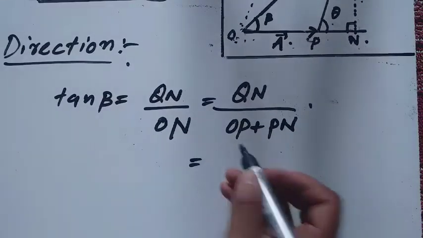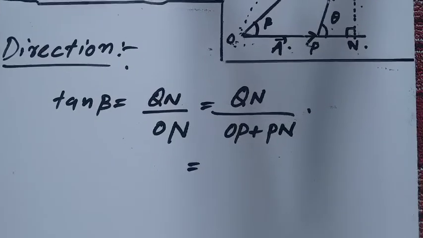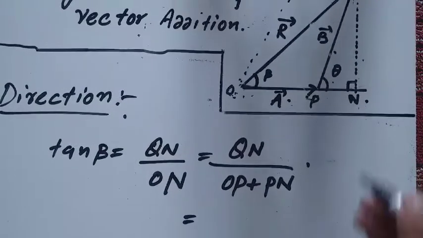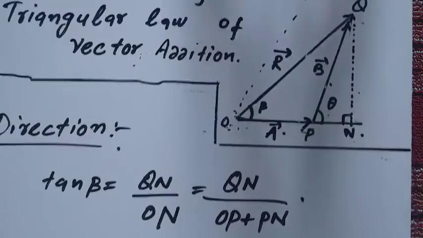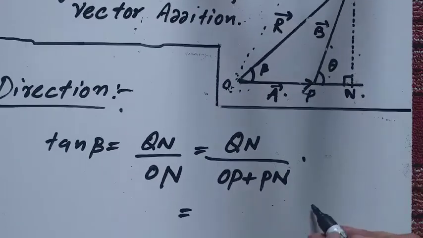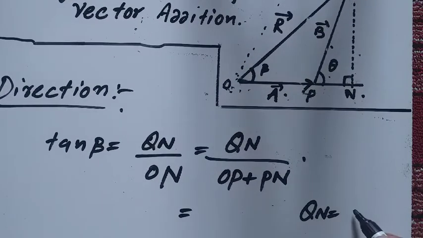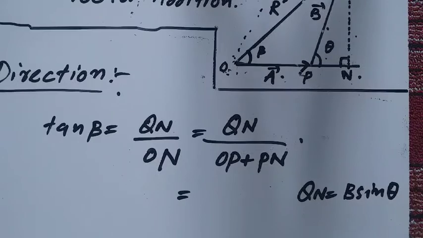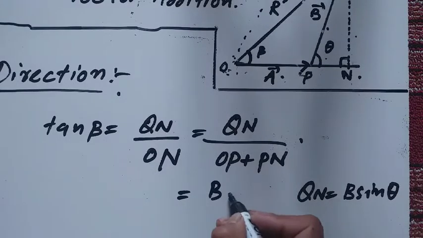And when we talk about this QN, we know the expression, that is QN is equal to B sine theta. If you remember the last expression, then I can replace this QN by B sine theta.